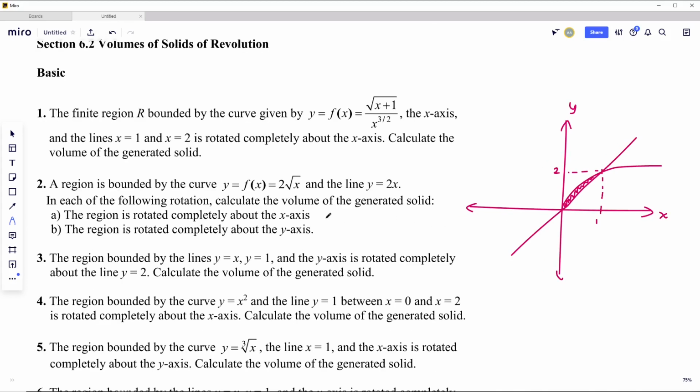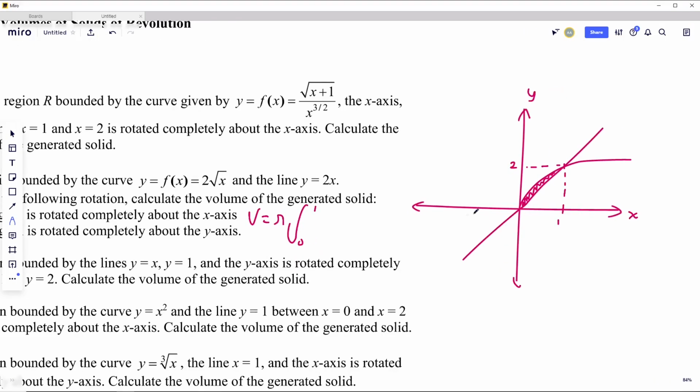So anyways, the volume is pi, integrating from what point to what point? We said from 0 to 1, and the thing is, we do the function up, or you could say big radius squared minus small radius squared, where the radius is from the function to the line of revolution.